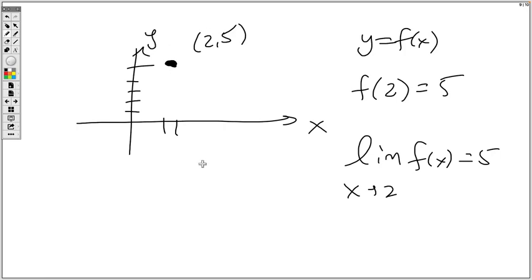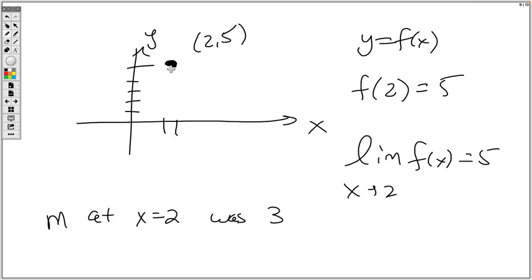You follow? What if I told you that the slope at x equals 2 was 5? Well, not 5. Say it was 3. So that means if I zoomed in here, it looks like a line, and that line has a slope of positive 3.